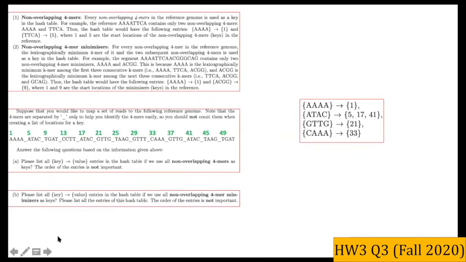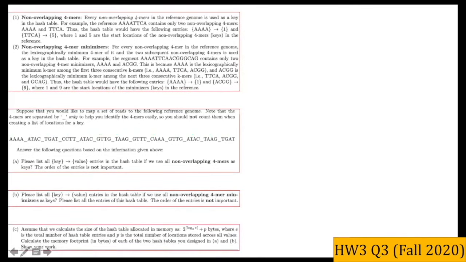Okay, so now we can proceed to point C. So in C, assume that we calculate the size of the hash table allocated in memory as this equation, and this equation gives you the memory footprint in bytes, where E is the total number of hash table entries and P is the total number of locations stored across all values, which is the second column basically in the hash table.